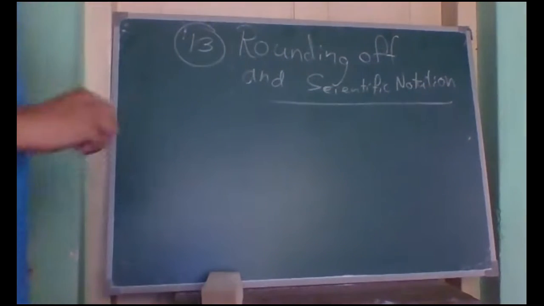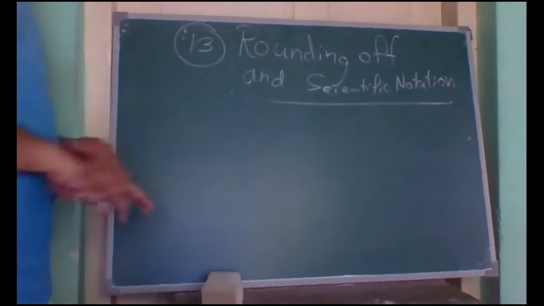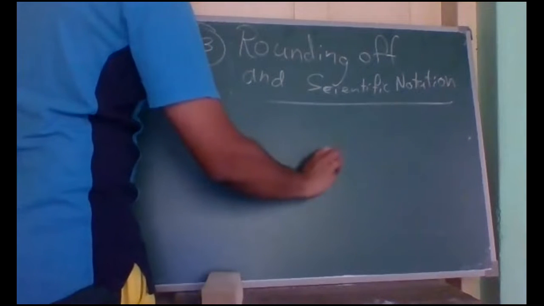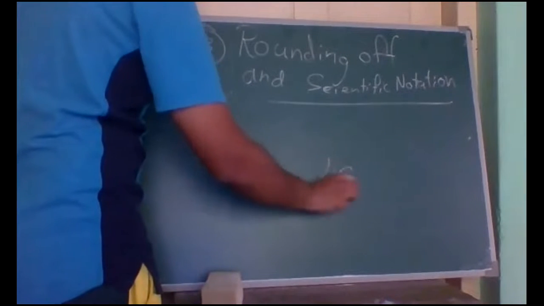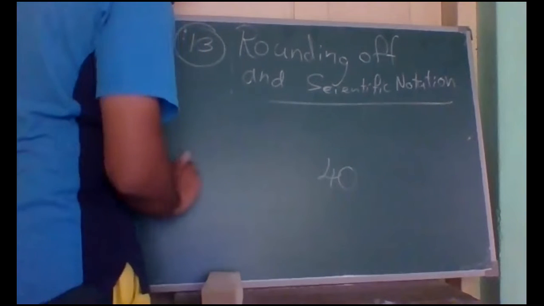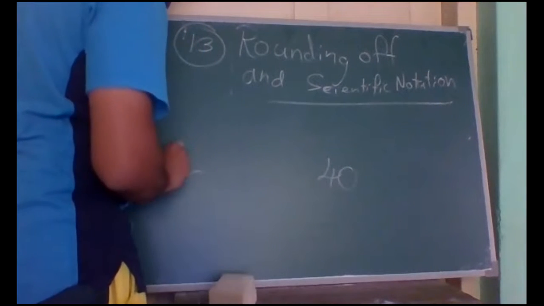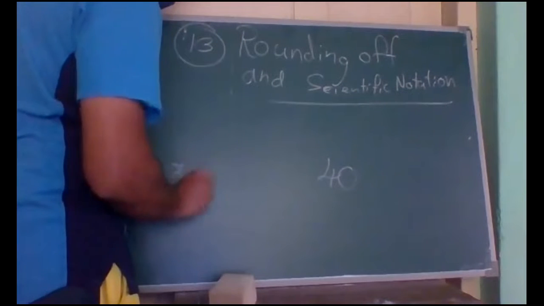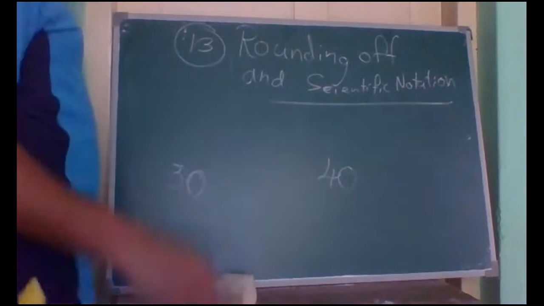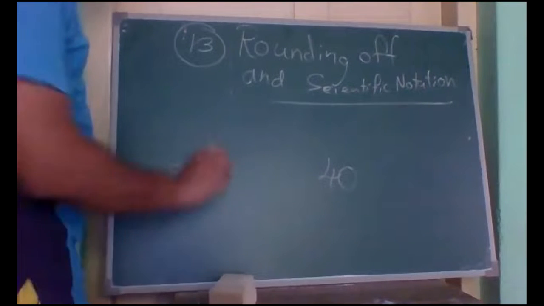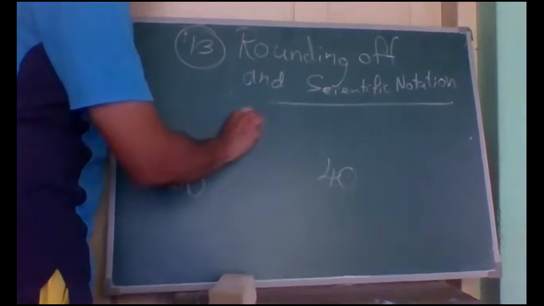What is that? Don't you remember that part? I wrote here 40 and 50, and 30 and 40 are here. I gave you a number as a question, 37 or something like that.